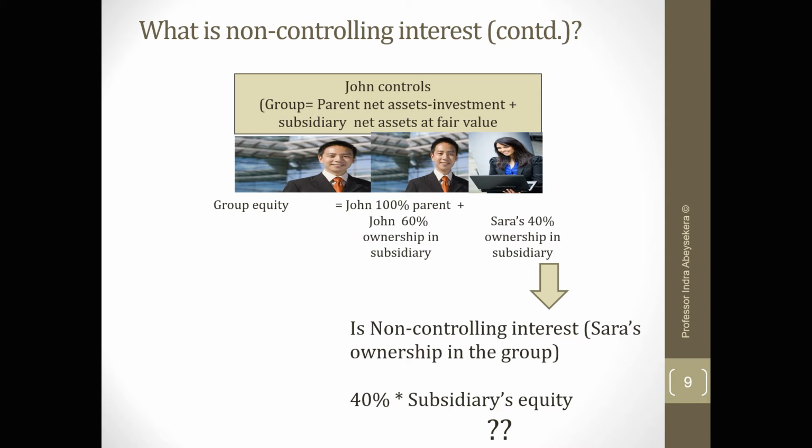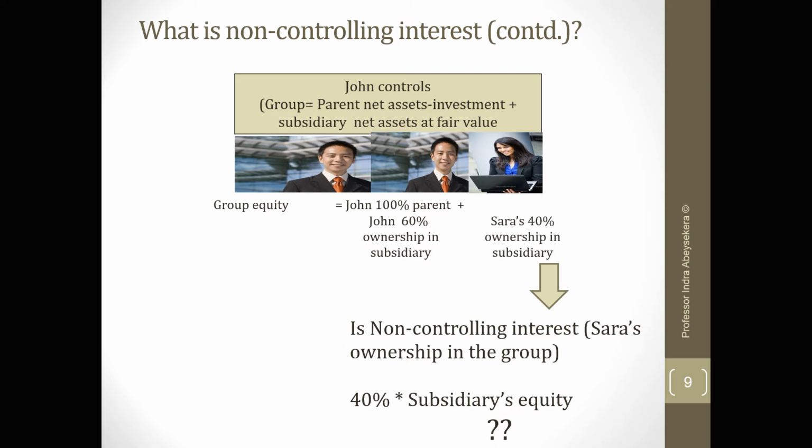So the question is, if you just add it up, and the non-controlling interest is 40%, can we just give 40% of the subsidiary, because non-controlling interests are in the subsidiary, to the non-controlling interest shareholders?